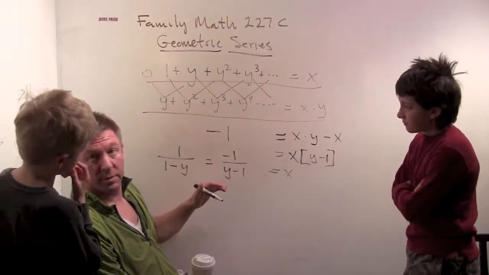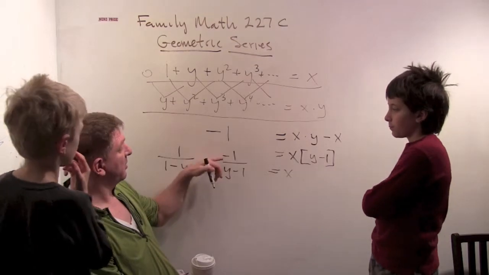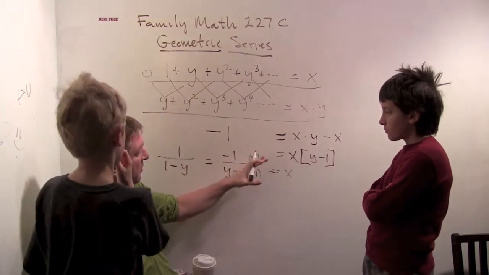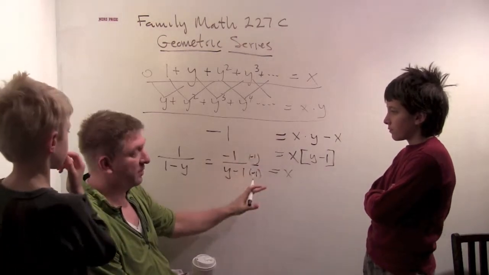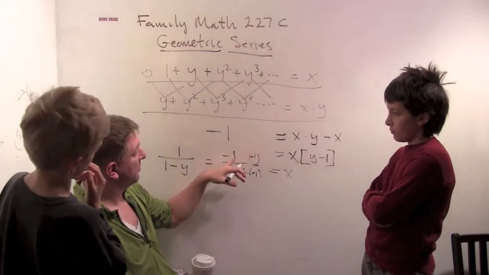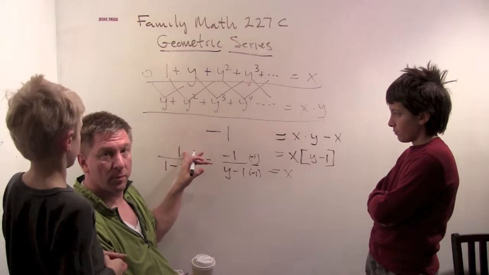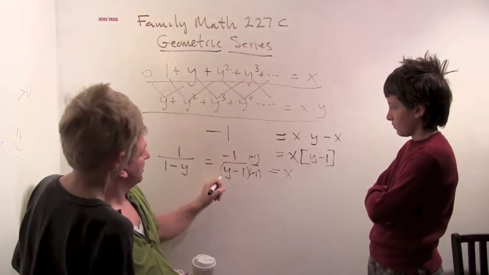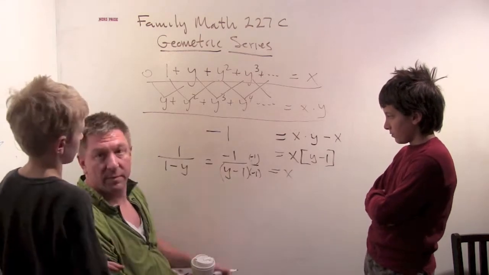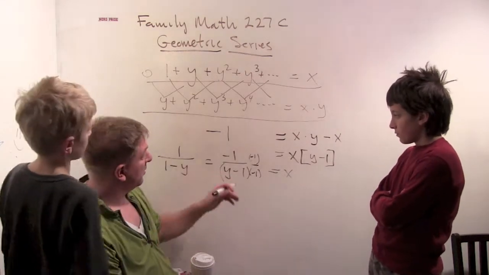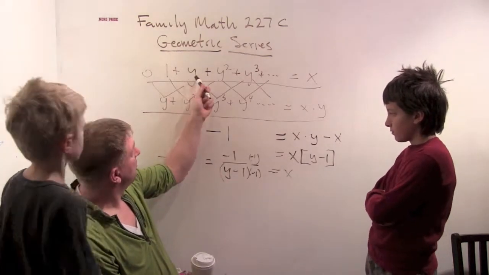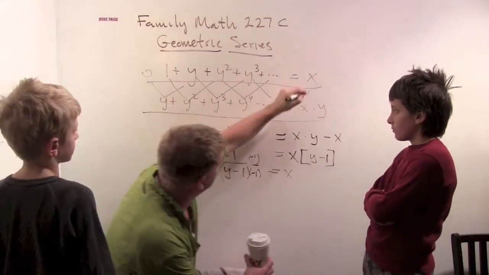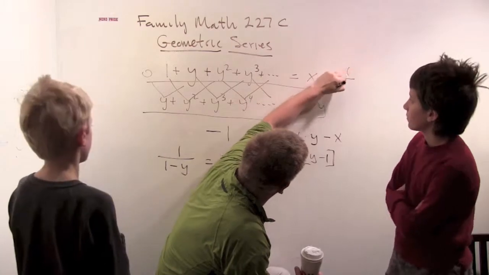I multiplied the top and the bottom by minus 1, which is really multiplying by 1. Minus 1 times minus 1 is 1, and minus 1 times y minus 1 is minus y plus 1. So for this series, 1 plus y plus y squared plus y cubed, it turns out to sum up to 1 over 1 minus y.